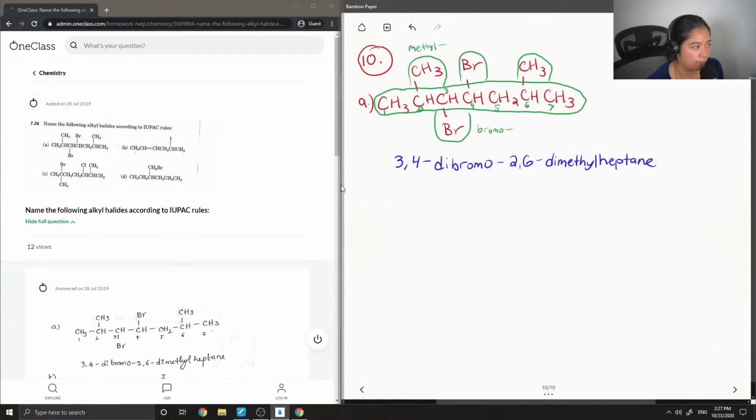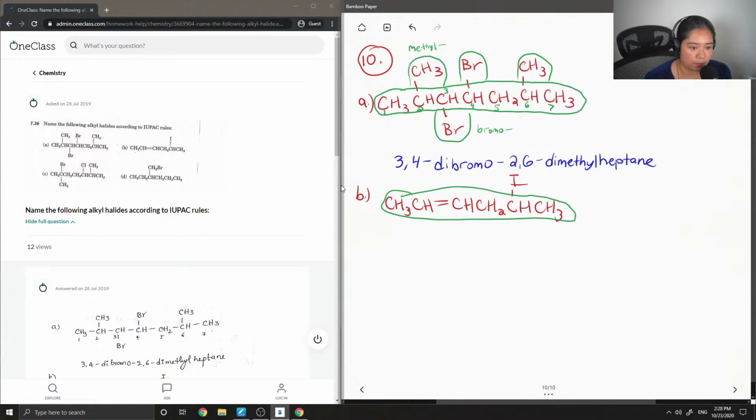Okay, so let's look at B. Now we have a double bond here. And then an iodine at the top. I'm going to circle my parent, which is this long chain. And then I'm going to number it from the bottom out.